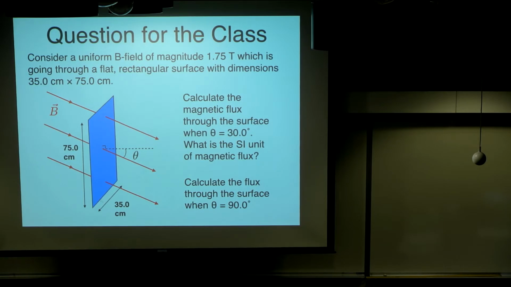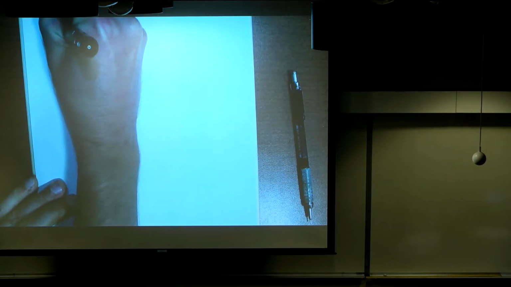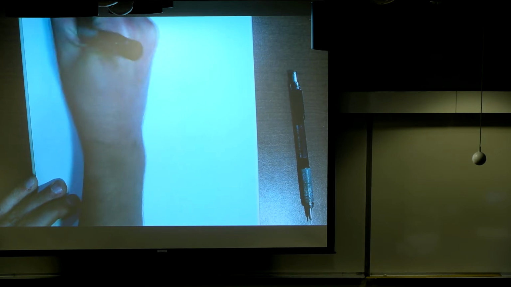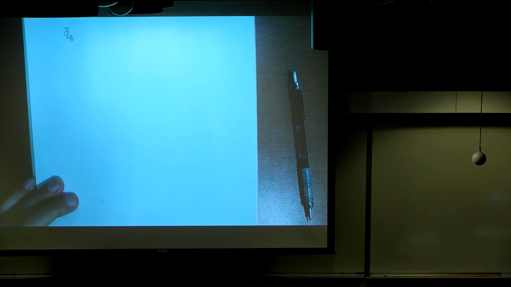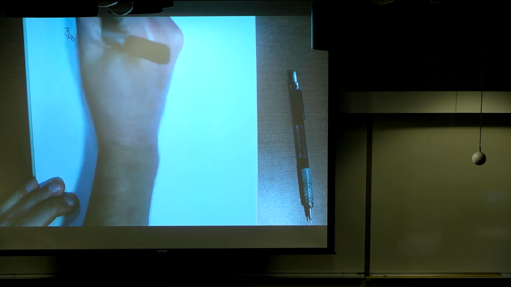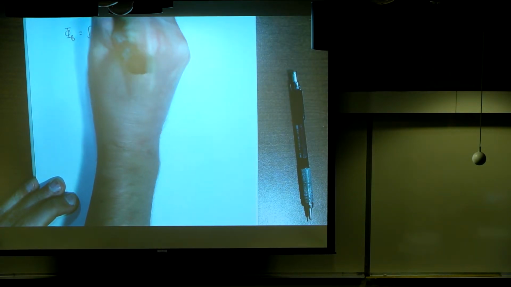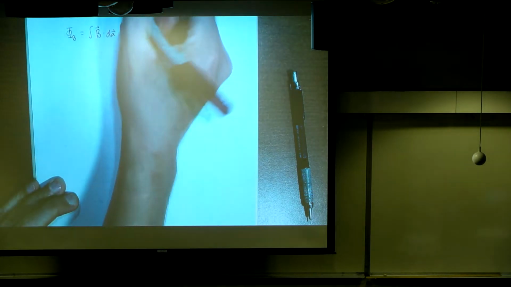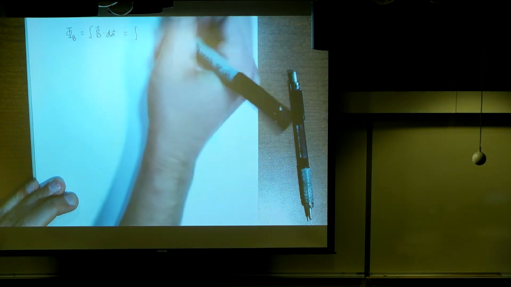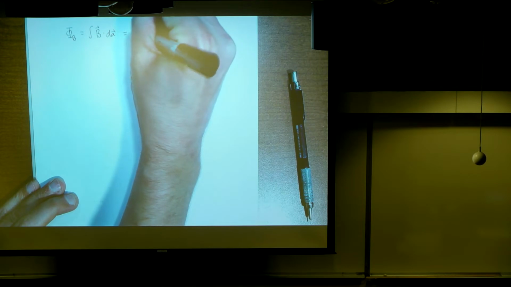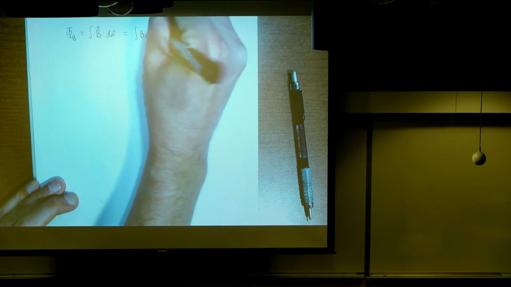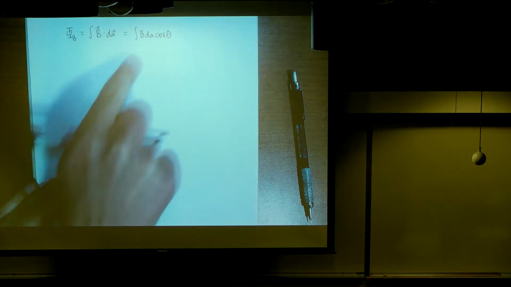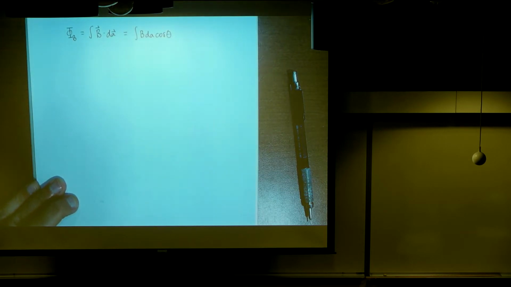So, first thing I want to show you is that the expression we have for magnetic flux can be simplified a lot, okay? So in general, it's given by the integral B dot dA over some surface, right? But we know that a dot product is given by B times dA times cosine of the angle between these two vectors, okay?